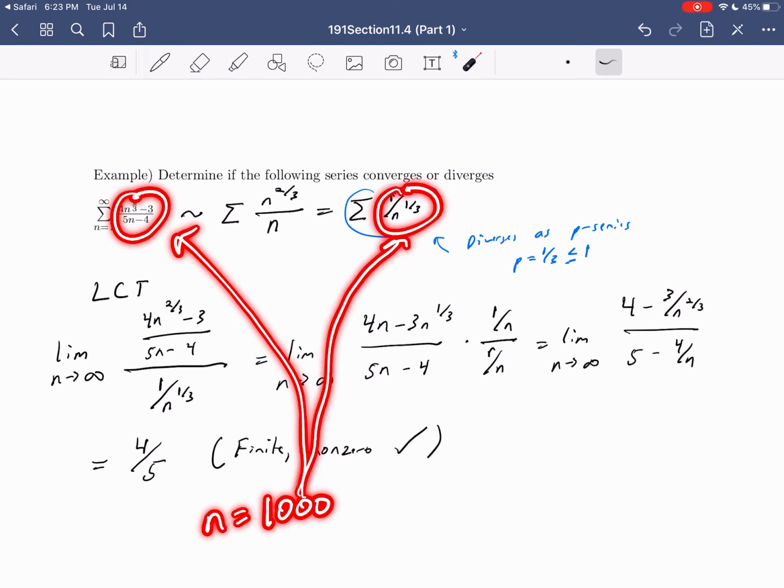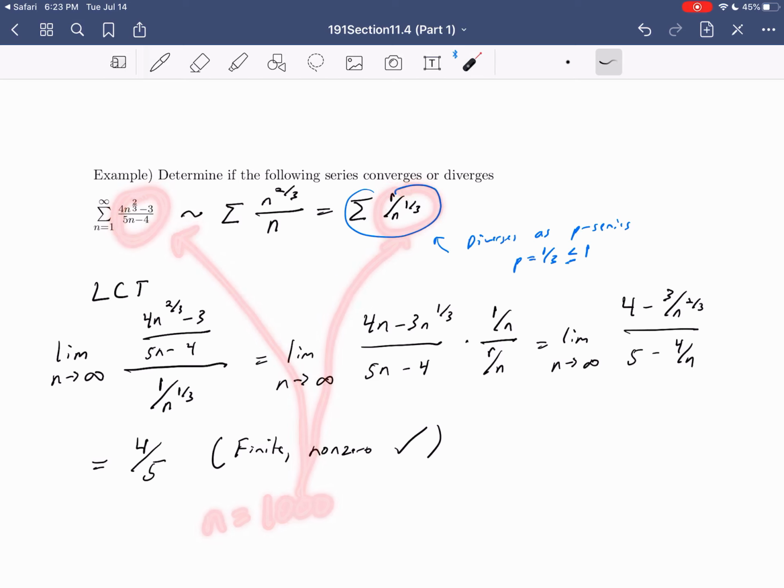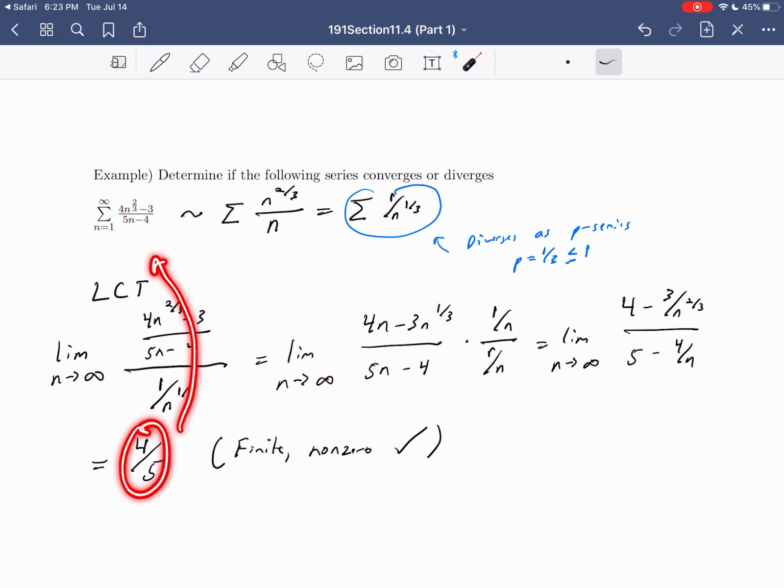What you'll see is that what you get over here is roughly 4/5 of what you get here. Or in other words, 4/5 times this thing should give you roughly about that there. Okay, so there we go. We've now shown that the limit comparison test does hold because we got a finite non-zero value.